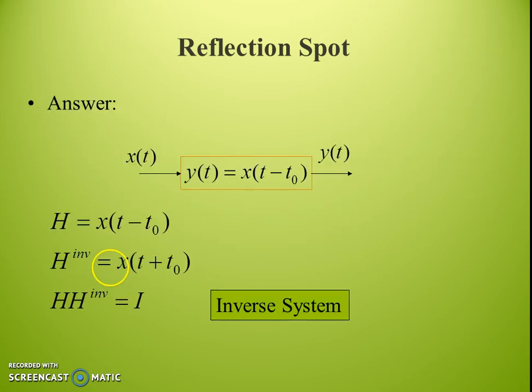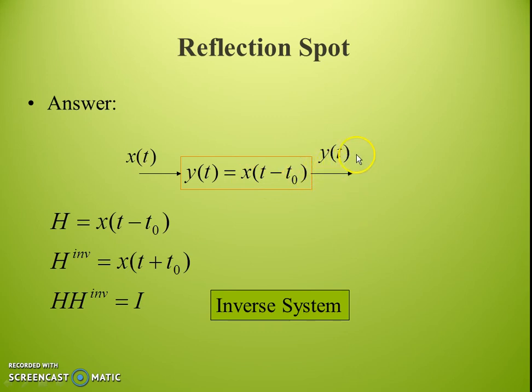Alright, so we can see that according to this system, the input is provided to the system, and the operation being done by the system is that it delays the input by an amount t0. So we get the output y of t as x of t minus t0.